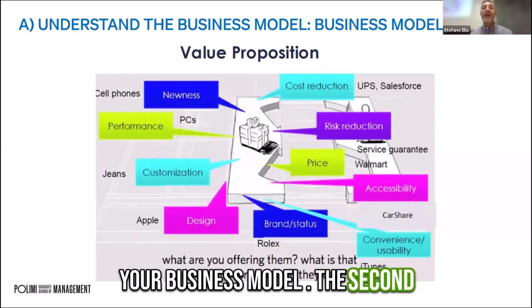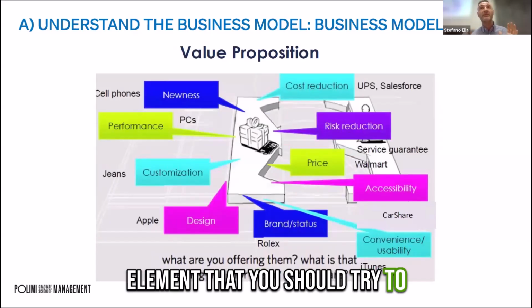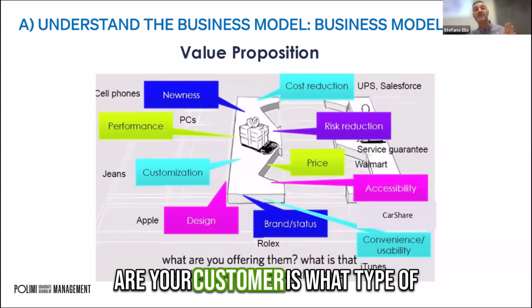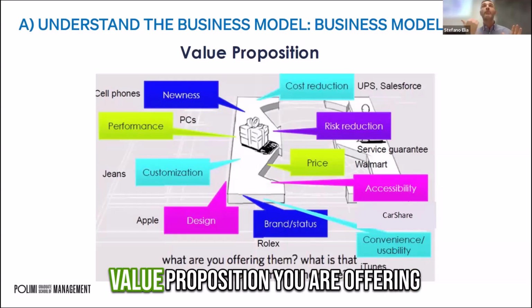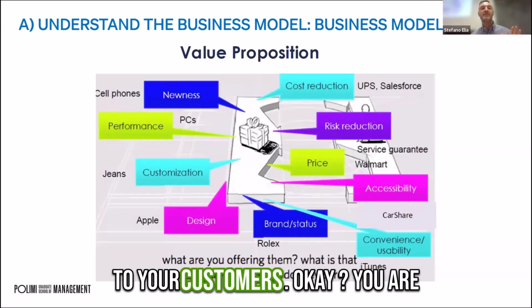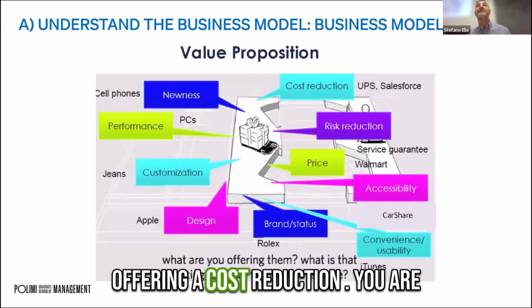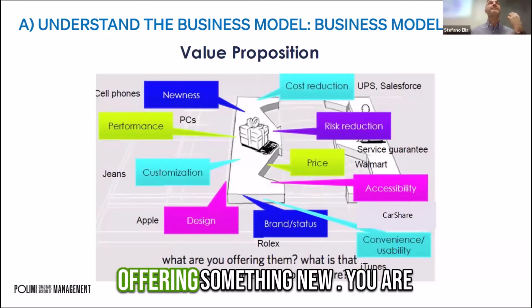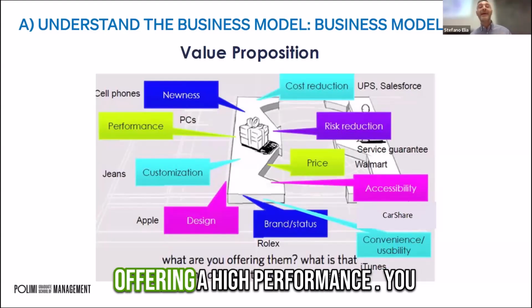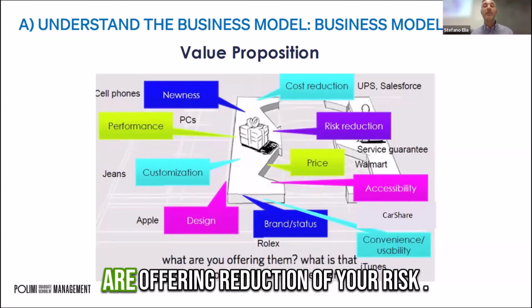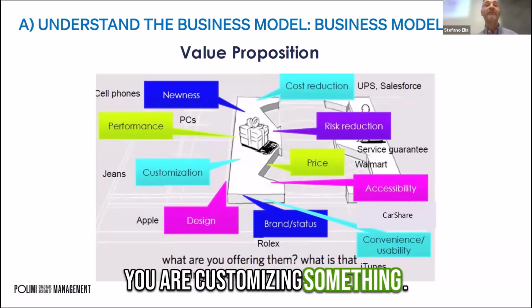The second element that you should try to identify once you understand who your customers are is what type of value proposition you are offering to your customers. Okay, you are offering a cost reduction, you are offering something new, you are offering a high performance, you are offering a reduction of risk, you are customizing something.